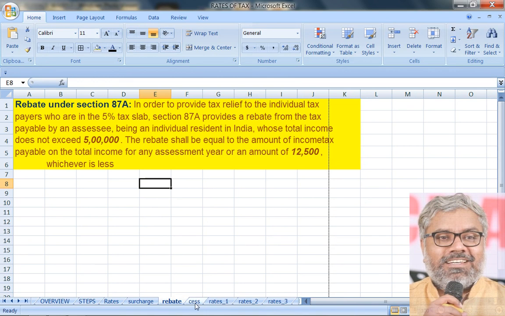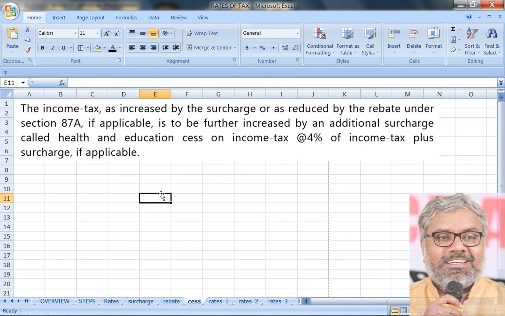That is the application of 87A which we discussed. After doing all this base tax calculation and adding surcharge if any, then deducting rebate if any. Once we deduct rebate, the tax liability will be nil anyway.